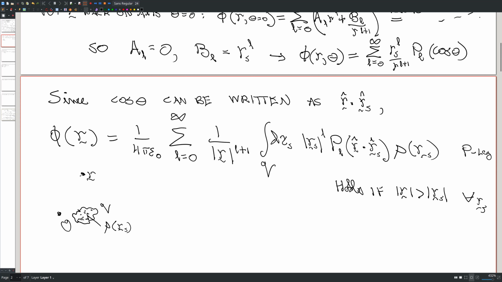Once again, my observation point must be further away from the origin than any charge inside this volume. This is an important equation, and I guess we'll take a little break now, but then we'll make explicit a bit more how to use this object.